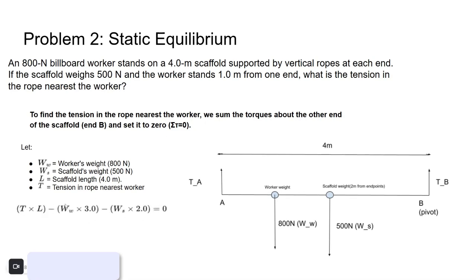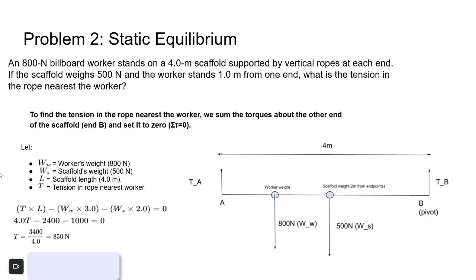So each of these in the parentheses are just torque values given by R F sine theta. So this is the R value, this is the R value, and this is the F value, it's the F value. And I'll save you the algebra from plugging it in, but if we plug it in and solve, we just get T, the tension, equal to 850 newtons.